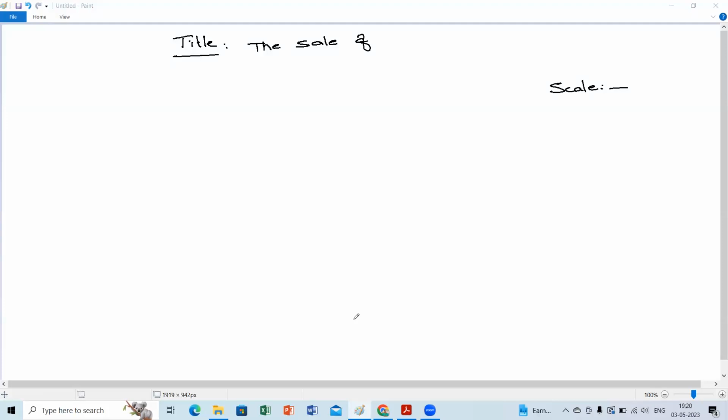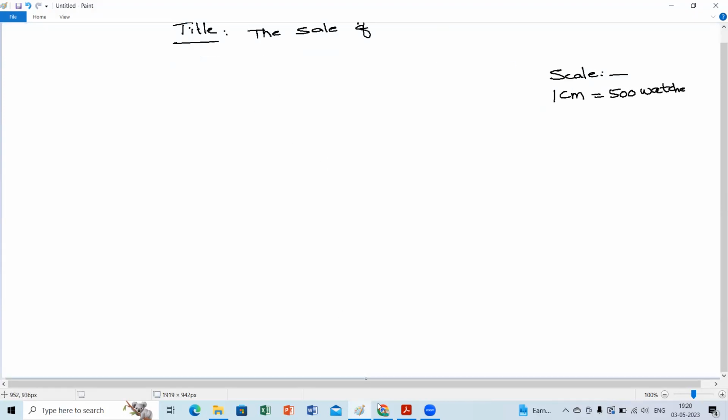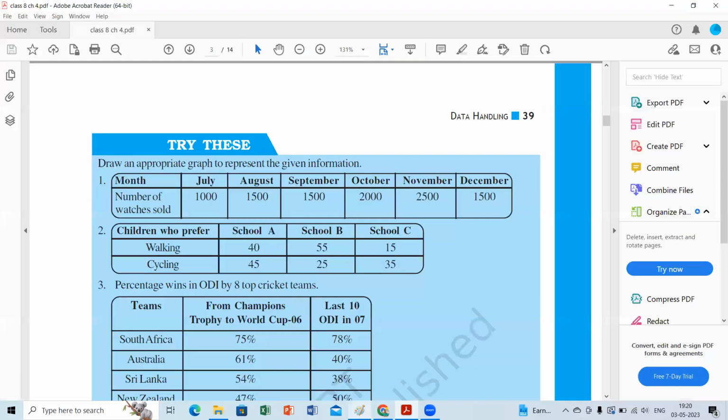Scale: 500. Very good. 1 unit is equal to 1 centimeter. 1 centimeter means one small box is nothing but 500 units. We are taking 500 watches, here the unit is watches. What is the data? Sale of watches from July to December.